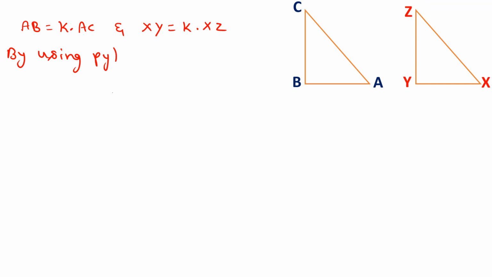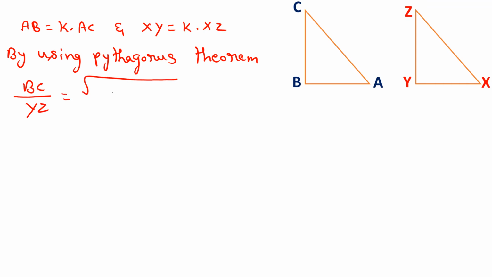By using the Pythagoras theorem, we find BC by YZ. What is that? That is hypotenuse square AC square minus the other side square, AB square, by root of XZ square minus XY square.